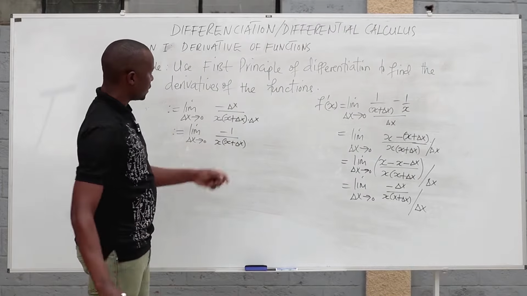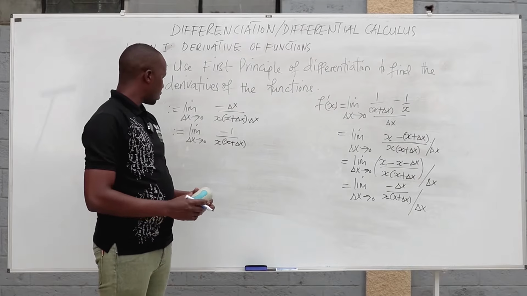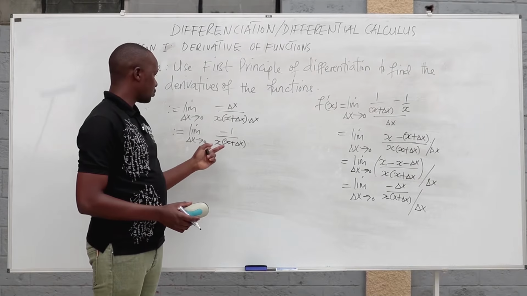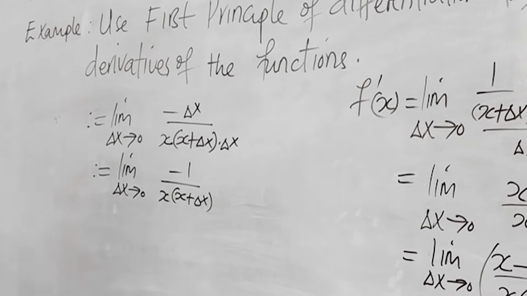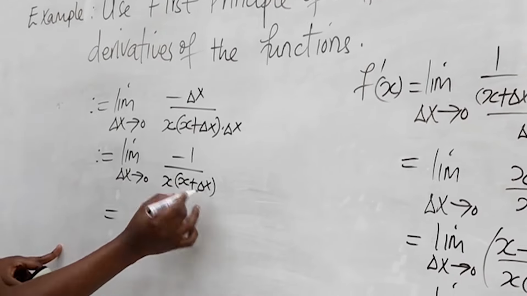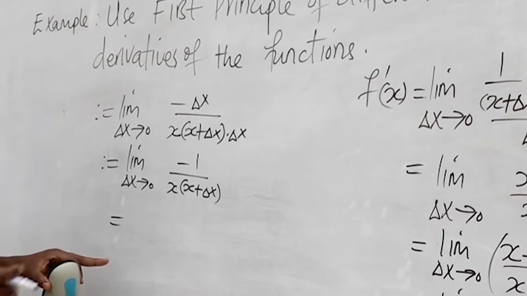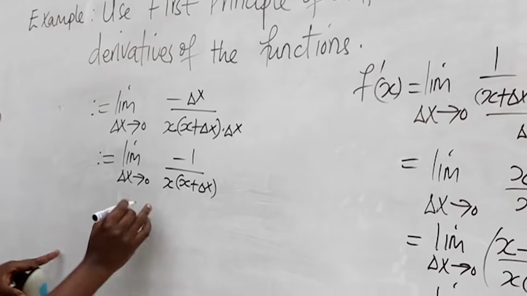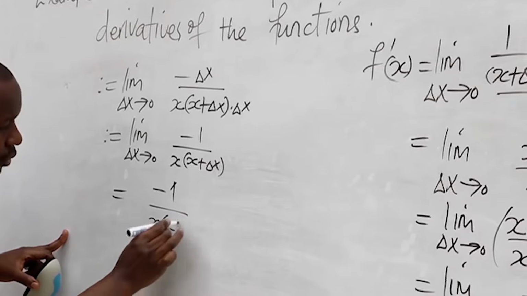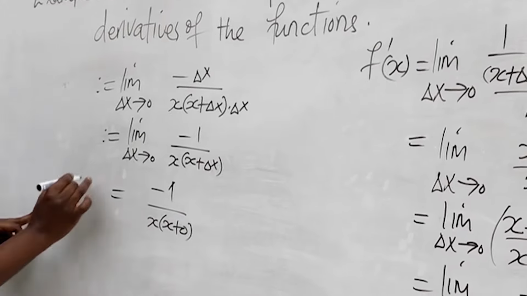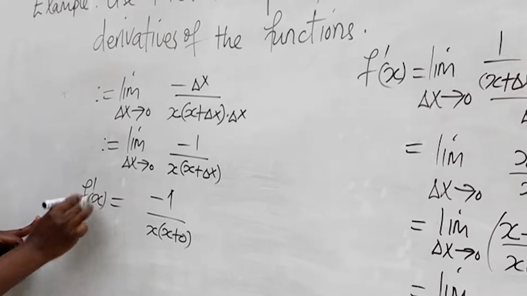So at this point here, we are free to apply the limit by direct substitution. So we are changing x, we can introduce 0 now. So once introduced 0 to the change in x, no need of writing change in x again. So what we do, it will be negative 1 over x, then x plus 0. And here you are allowed to write f prime of x.